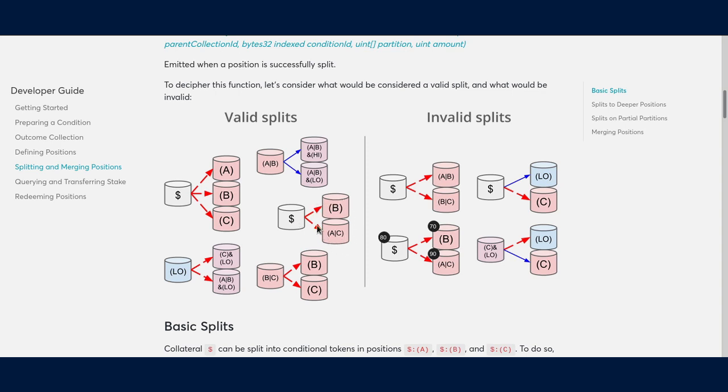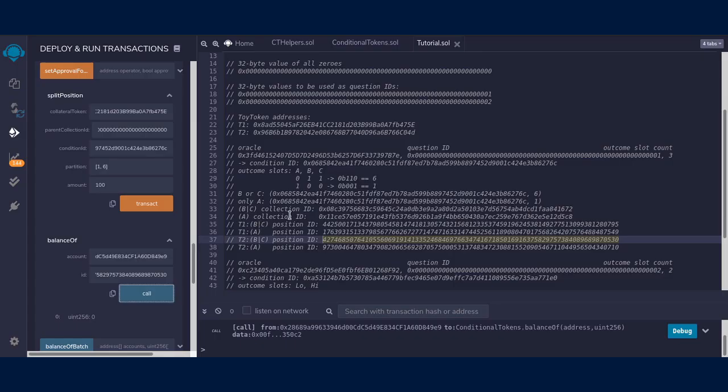In this diagram, we see that the token has been split to a position that pays out when B occurs and the position that pays out when A or C occurs. This is similar to the transaction we just did, in which we split to a position that pays out when A occurs and a position where B or C occurs.